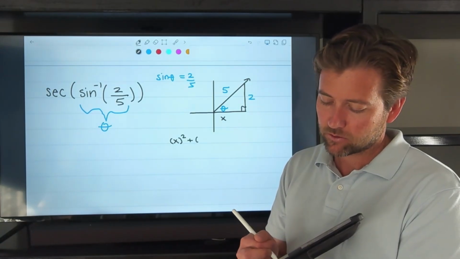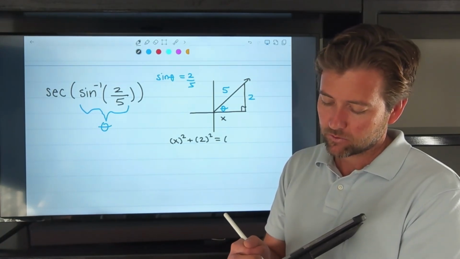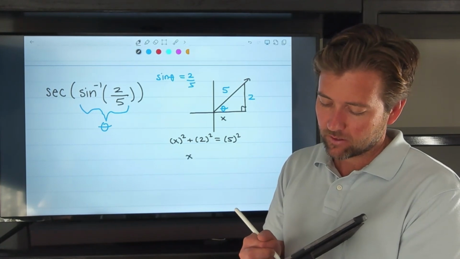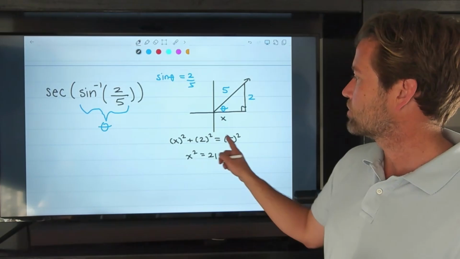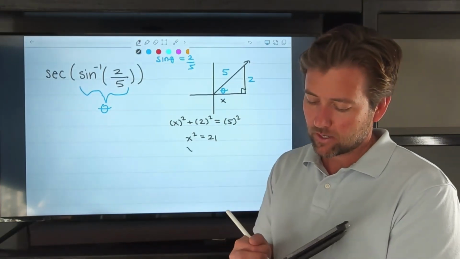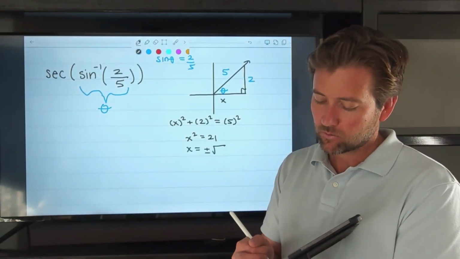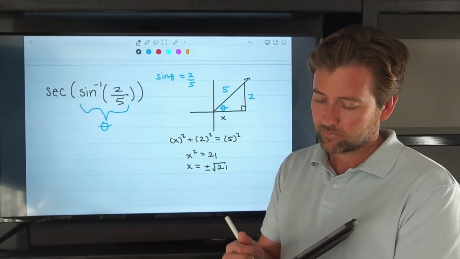x squared plus 2 squared equals 5 squared. x squared equals 21. You can see 25 here, that's a 4. Subtract 4 from both sides. You get x equals plus or minus the square root of 21.